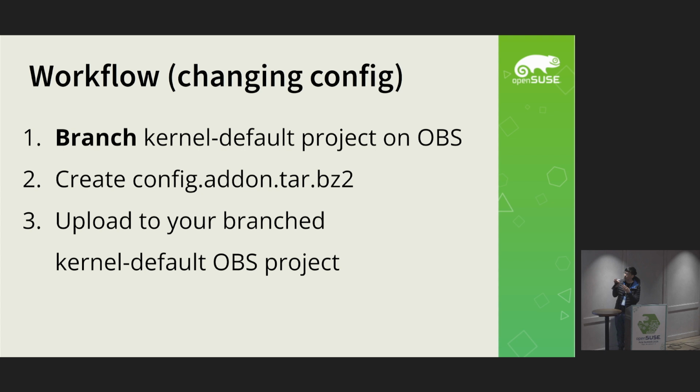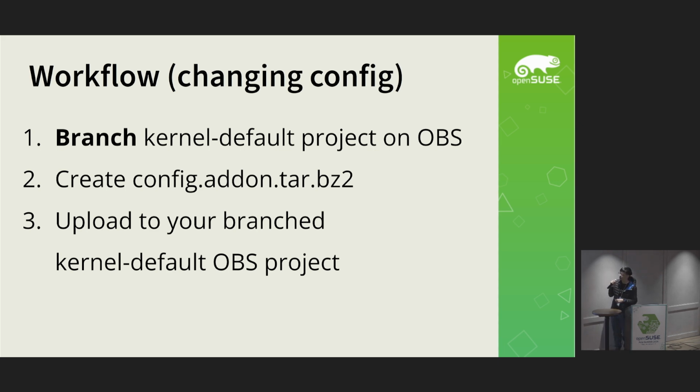And with OBS, when you branch a package, it creates that OBS link for you. So whatever package you branch, when it's updated, your branch of that package will be updated as well. So be sure to use branch.